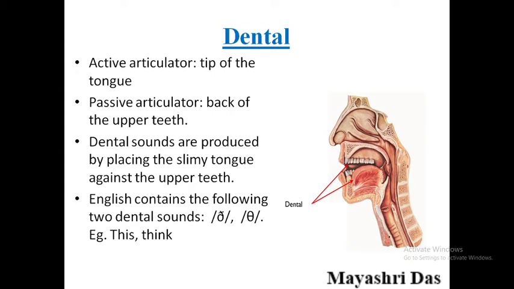Here in this case, the tip of the tongue is being curled back, and the sound is produced by placing the tongue against the upper teeth. In the English language, the dental sounds are d and th.